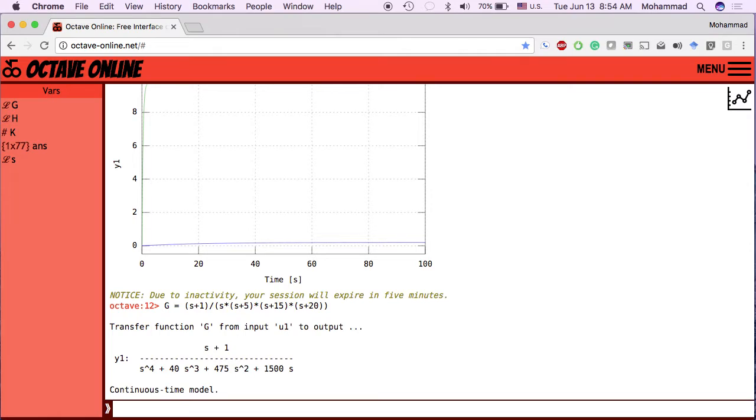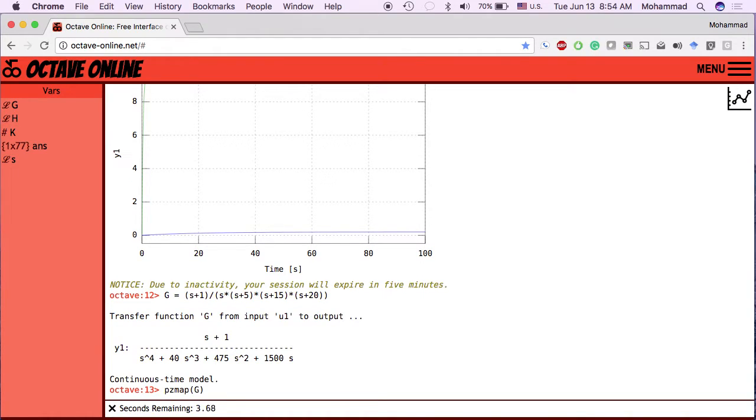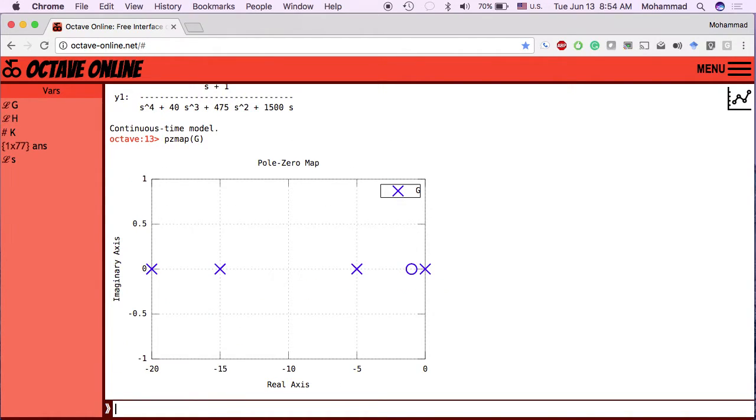And to make sure, we can plot the pole zero map of this transfer function to make sure we have the poles and zeros where we want them to be. So the open loop transfer function has a pole at 0, another one at -5, another one at -15, and another one at -20, while the circle shows the location of the zero. So we have 1 zero at s equals -1. So we have the open loop transfer function correctly.